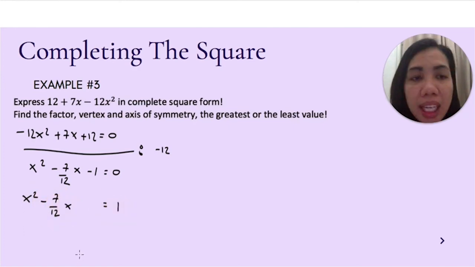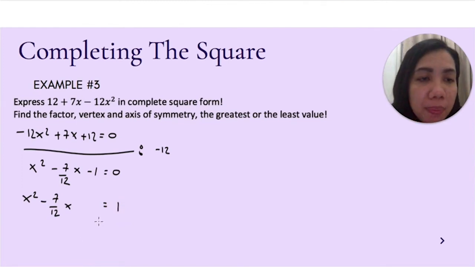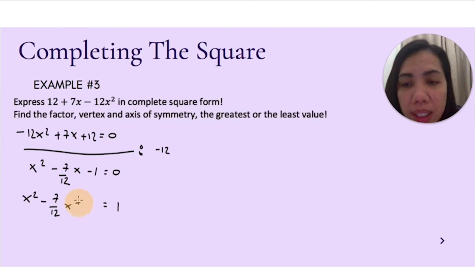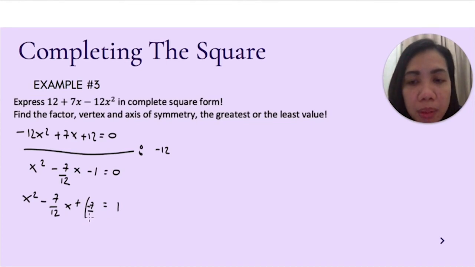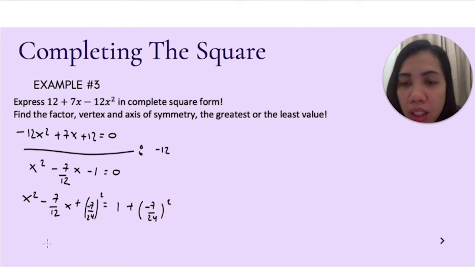Okay, then we add half b squared to both sides. So, okay, now plus minus 7 divided by, if this is divided by 2, then the denominator will be twice 12, which is 24, squared, and then here also plus minus 7 on 24 squared. Okay, now let's do this one by one.